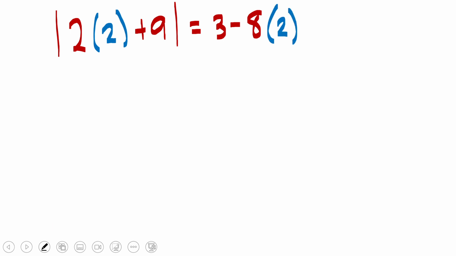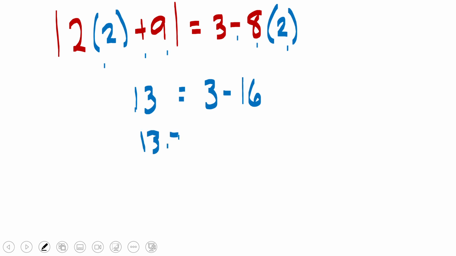Alright, so what we're going to get is the absolute value of 4 plus 9. That is 13. Equals 3 minus 16. 8 times 2 here. So now we get 13 equals -13.